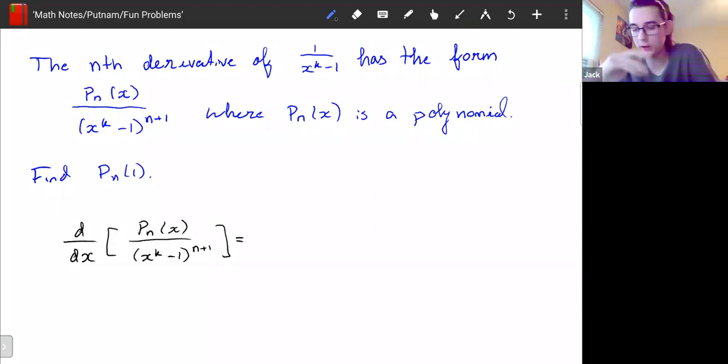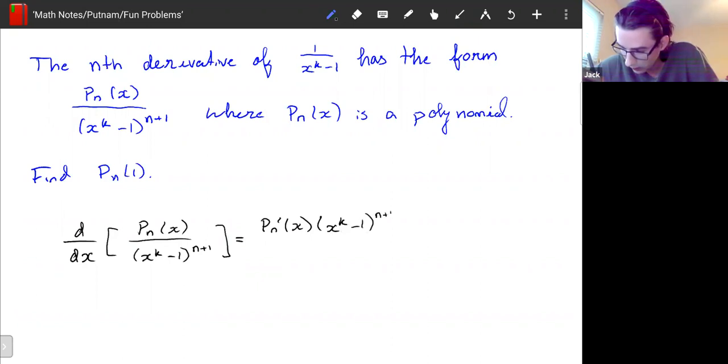So let's do the computations and compute this derivative. Typical calculus stuff. The derivative is p sub n prime of x, where p sub n prime is the derivative of p sub n, times the denominator, which is x to the power of k minus 1, n plus 1.